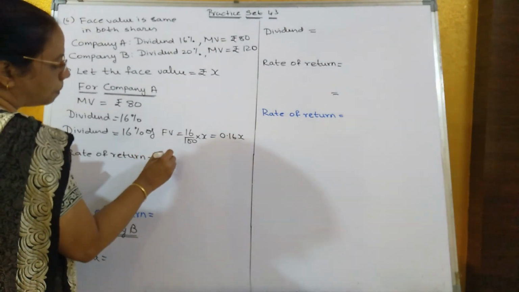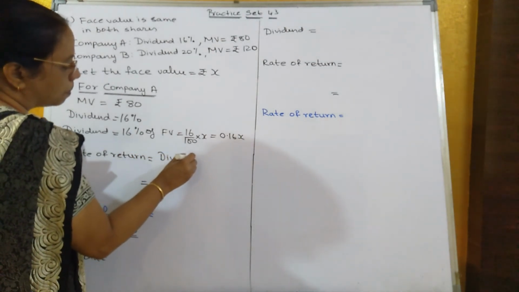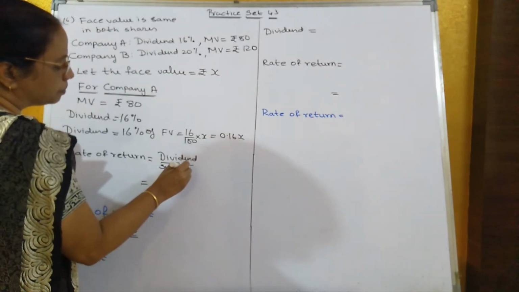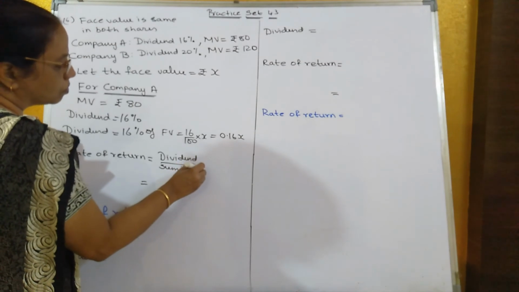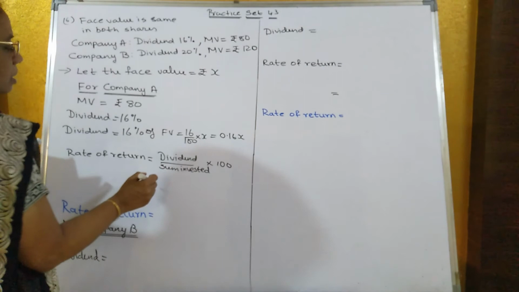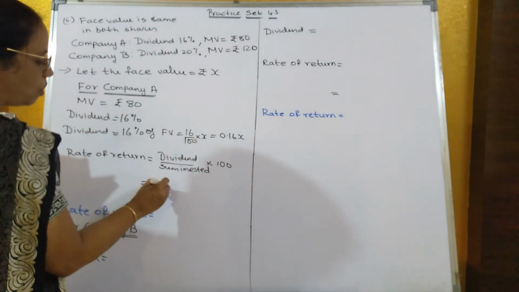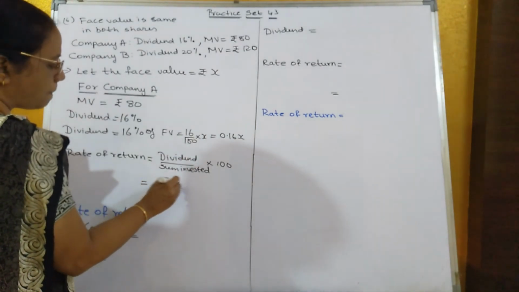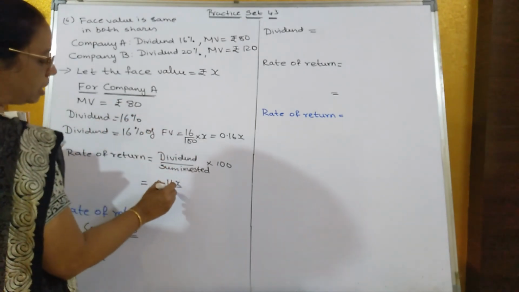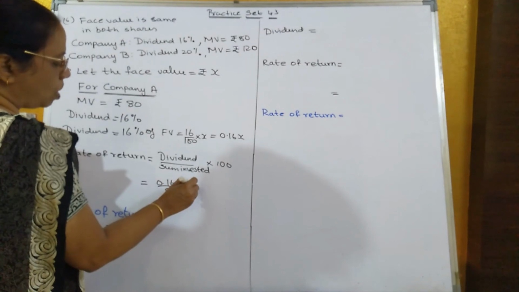Now rate of return is equal to dividend upon sum invested into 100. So dividend is 0.16x, and sum invested is rupees 80 into 100.